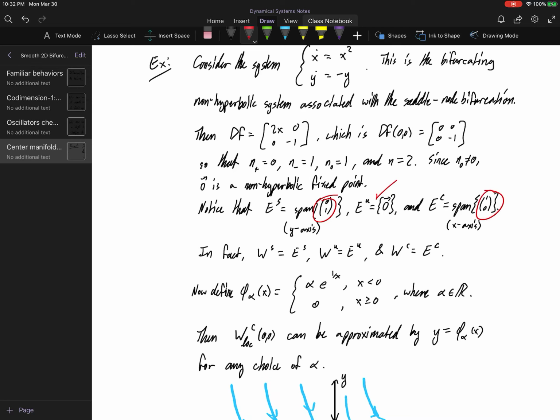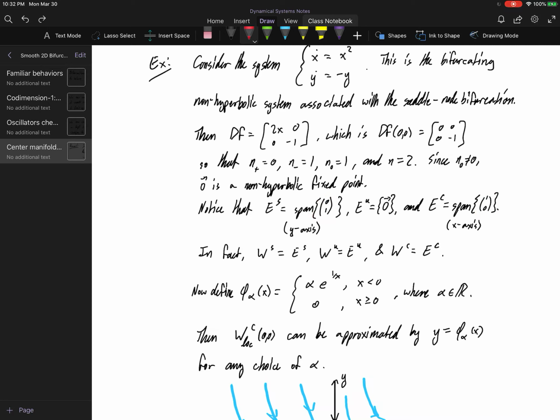The unstable eigenspace is trivial, and the center eigenspace is the span of (1, 0). So specifically, the center eigenspace is just the x-axis, and the stable eigenspace is the y-axis.